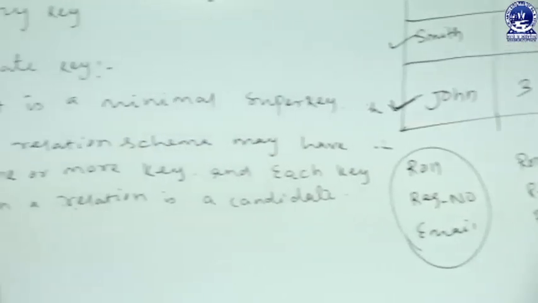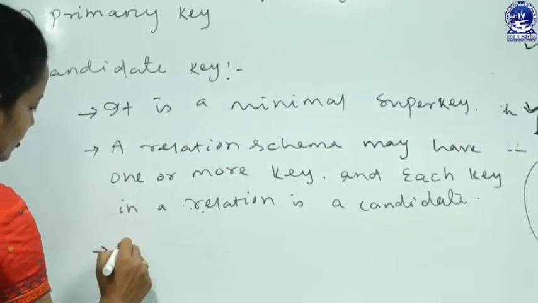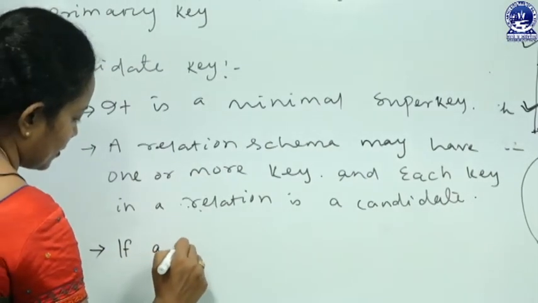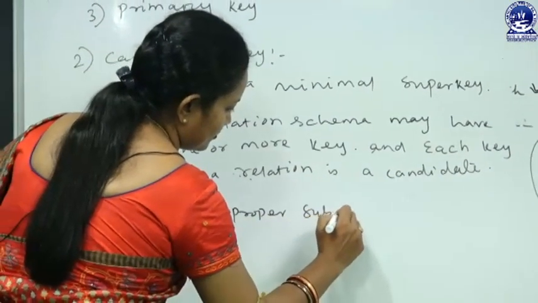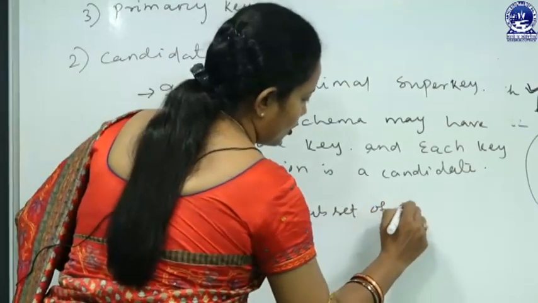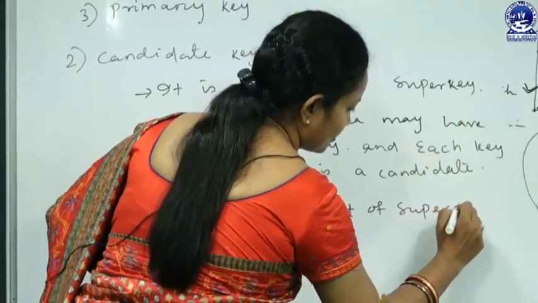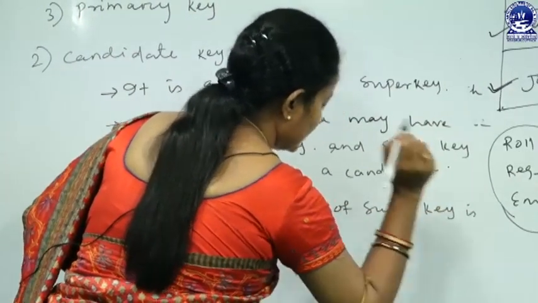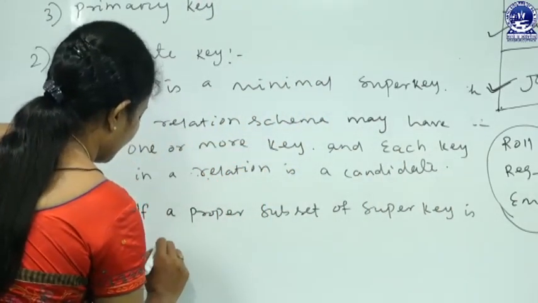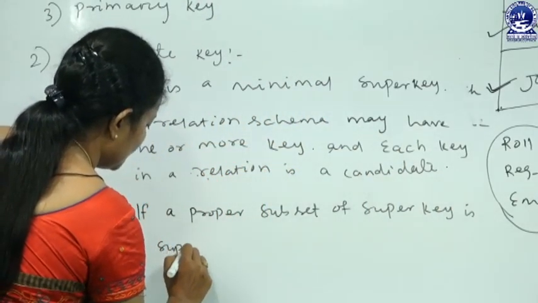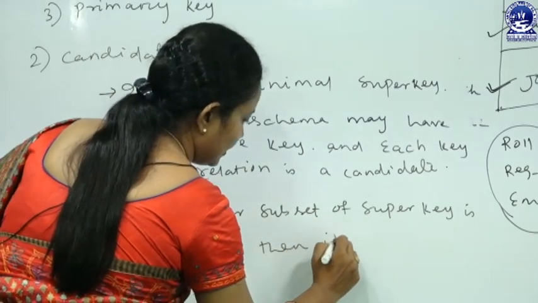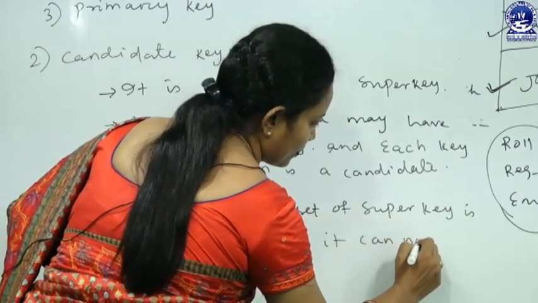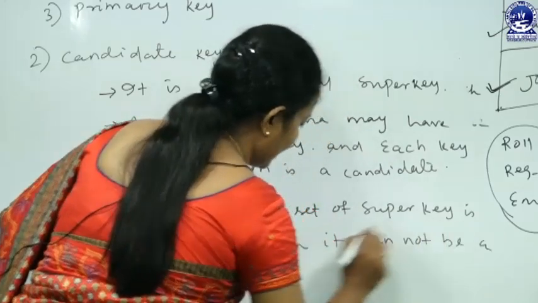The next point, if a proper subset of a super key is a super key, then it cannot be a candidate key.